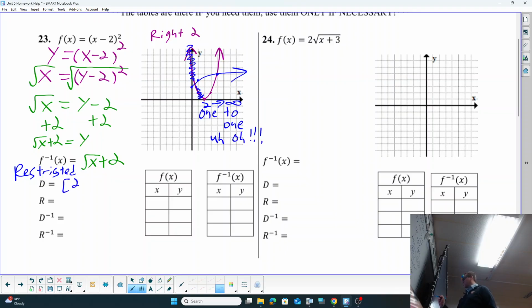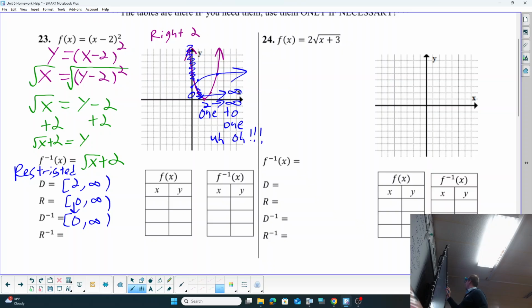And then the range for that restricted parabola has to be 0 to infinity. And then all we're going to do is switch it for the inverse. So the inverse is going to start at 0. So the domain then is going to be 0 to infinity, and then the range is going to be 2 to infinity.